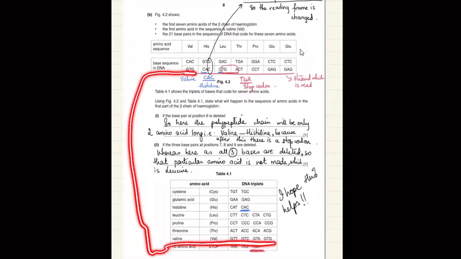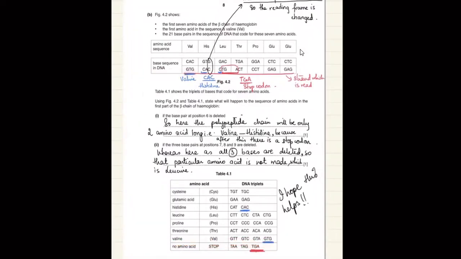GTG is equivalent to the amino acid valine. Okay? So nothing has happened to our GTG code. So hence this amino acid will be made. That's one thing. What have we deleted? We have deleted the base pair at position 6. Position 6 means 1, 2, 3, 4 and 5. We removed this, we removed the whole base pair.